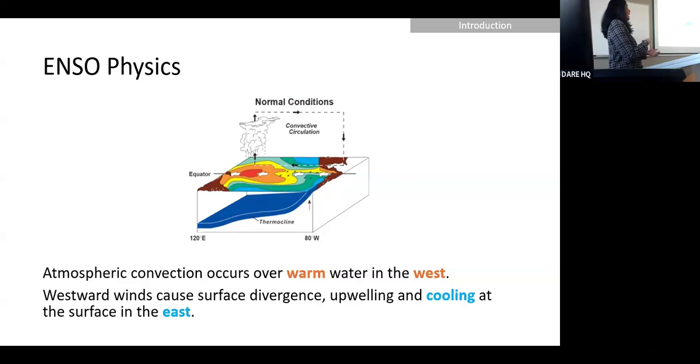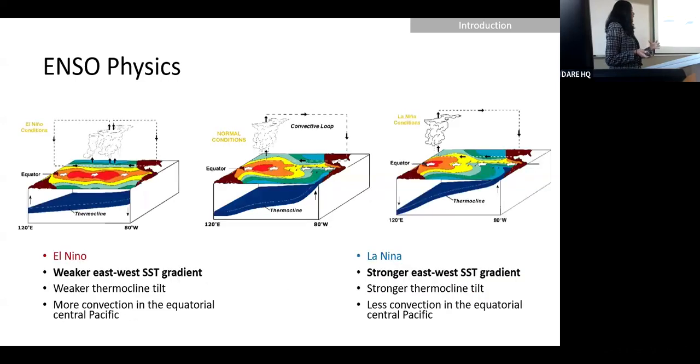And so above the high temperatures, you get low pressure, and so you strengthen those winds going across. So all of these components are in a nice balance with each other. And El Niño and La Niña events are basically when that balance is tilted in one direction or another. So in an El Niño event, you get warmer waters across the whole Pacific, and that weakens the winds.